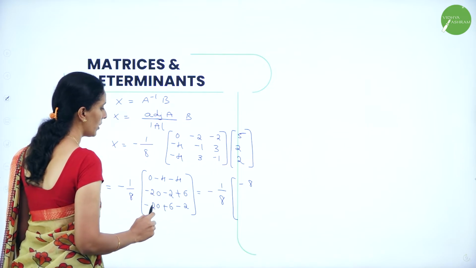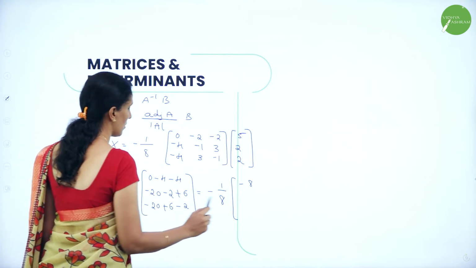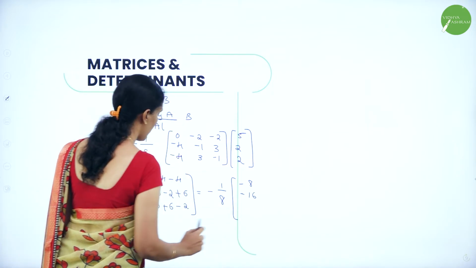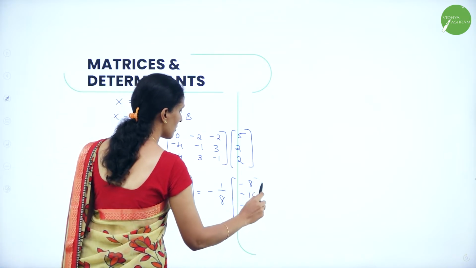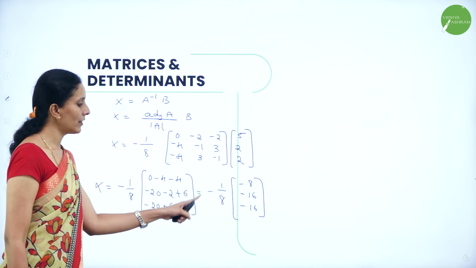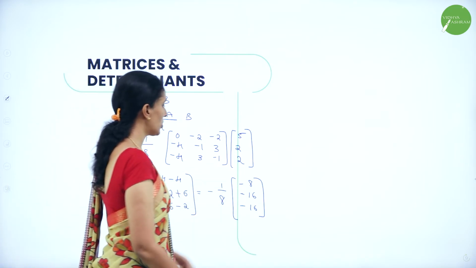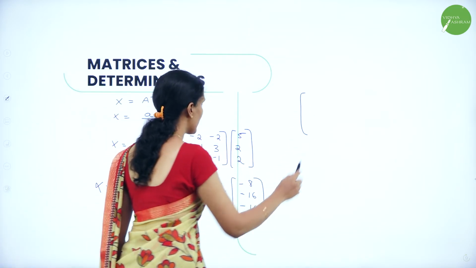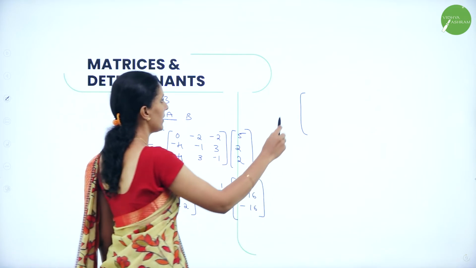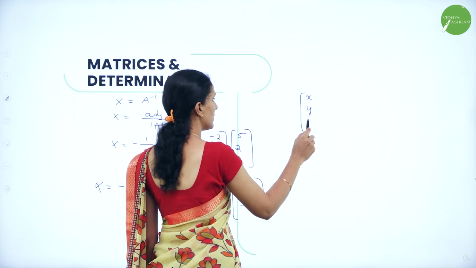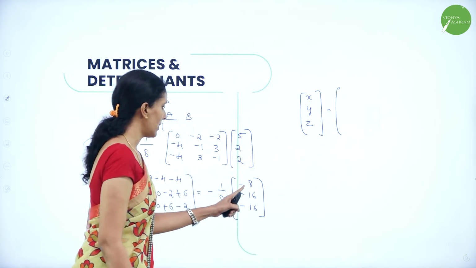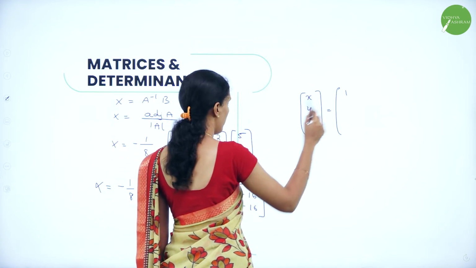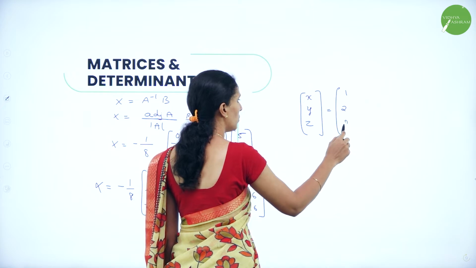So minus 22 plus 6 is minus 16. Again minus 22 plus 6 minus 16. Since we have to divide this by minus 8, each element, we have x as x, y, z. And now divide each element by minus 8, we get 1 and here it is 2, 2.